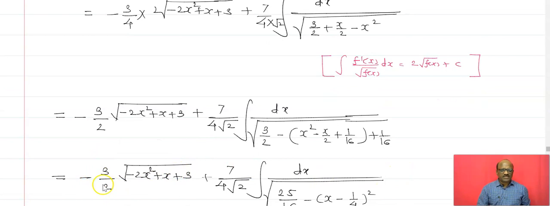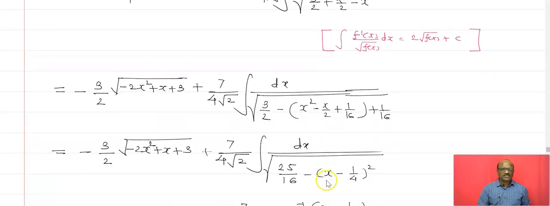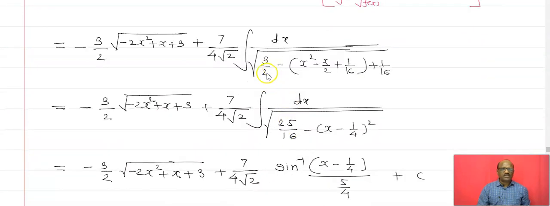Therefore, that is minus 3 by 2 under root of minus 2x square plus x plus 3 plus 7 upon 4 root 2 integral dx upon. Now the sum of 3 by 2 plus 1 upon 16, the total of these two, which is 25 upon 16. That is 7 upon 4 root 2 integral dx upon under root of 25 upon 16 minus. Now this is the perfect square of x minus 1 by 4 bracket square.